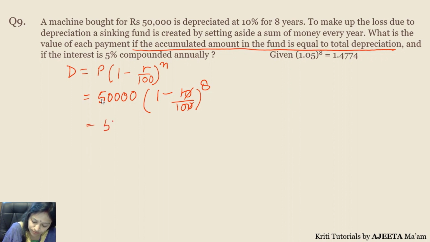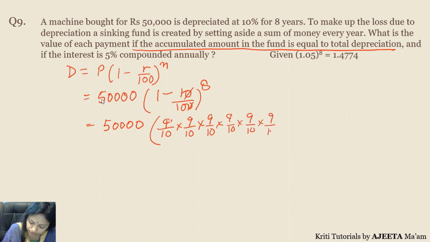So if we have to calculate this, right? So we get what? Now this you have to calculate. Right? So if I just write it 9 raised to 8, right? And 10 raised to 8.